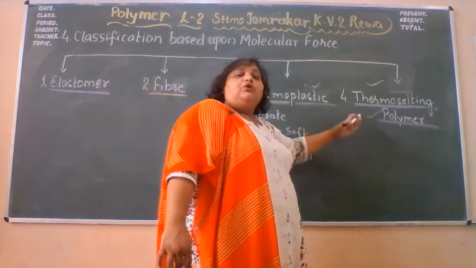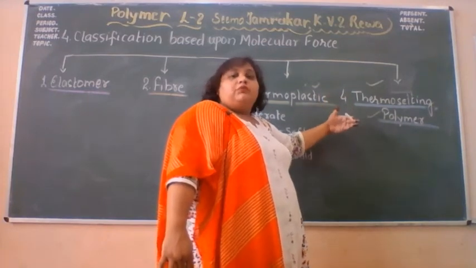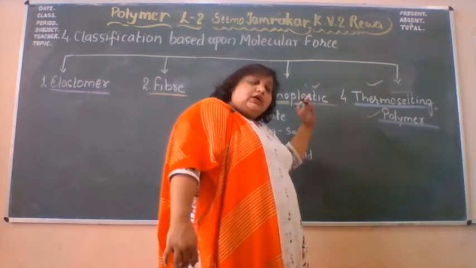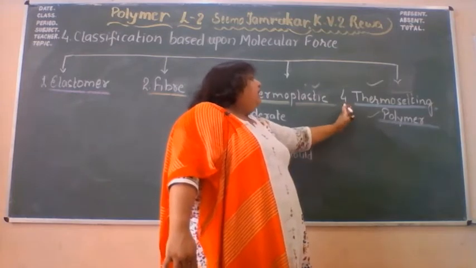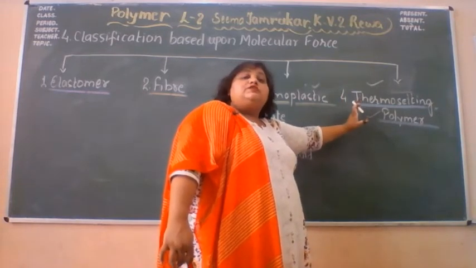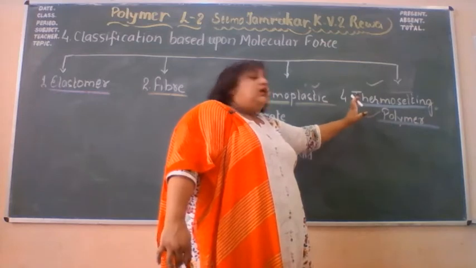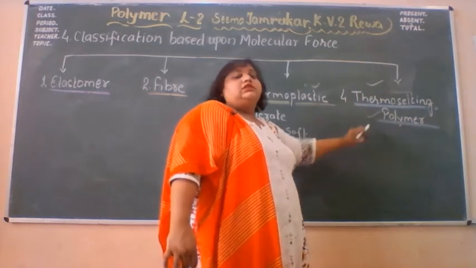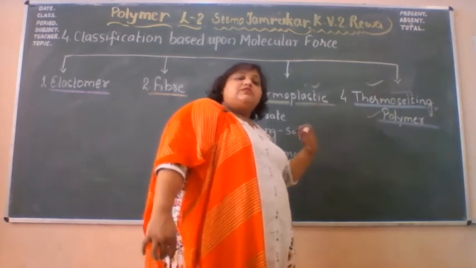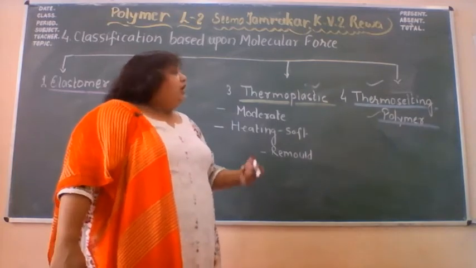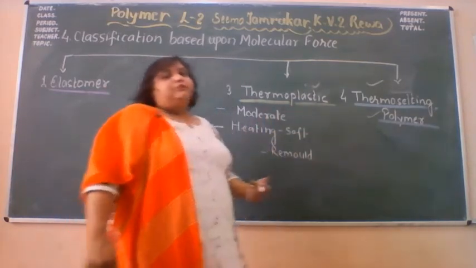Yesterday I taught you the cross linked polymer category, and this cross linking is present, and that's why it does not change. Once the three-dimensional network is formed, it never changes its shape.